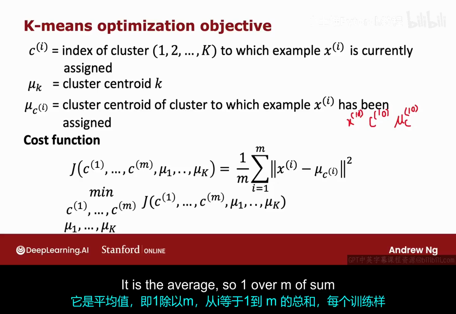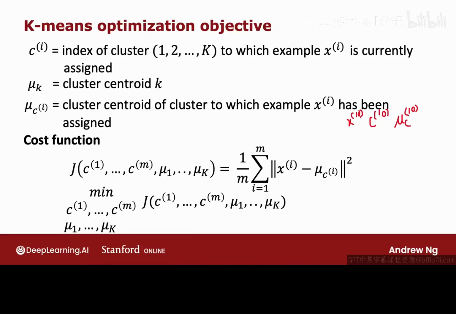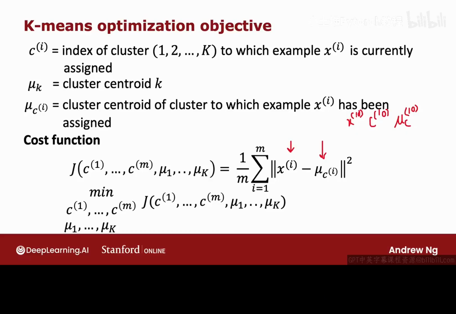It is the average, so 1 over m of the sum from i equals 1 to m of the squared distance between every training example xi, as i goes from 1 through m, and mu subscript Ci, so this quantity up here.